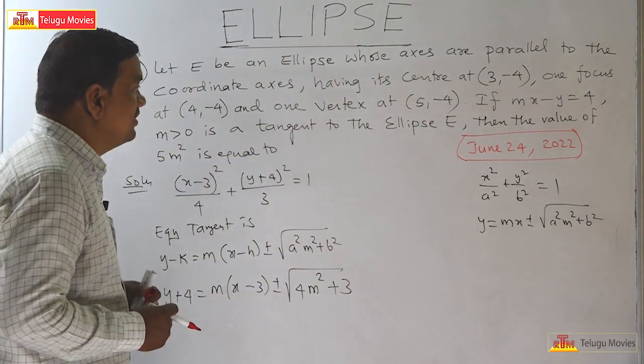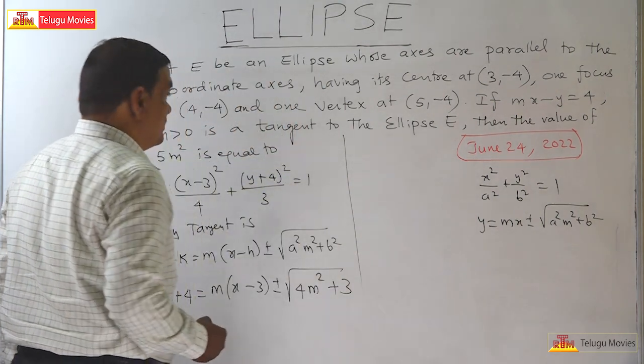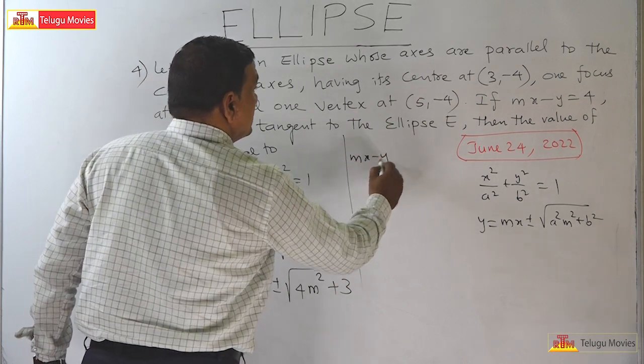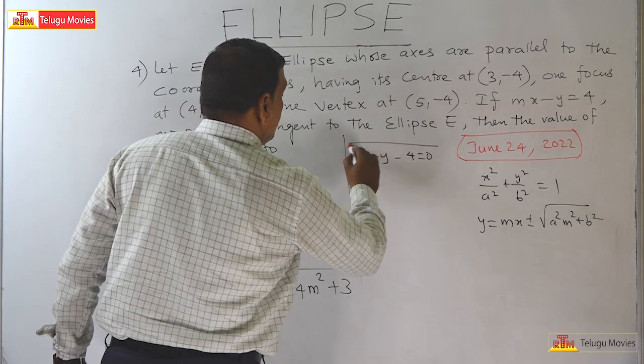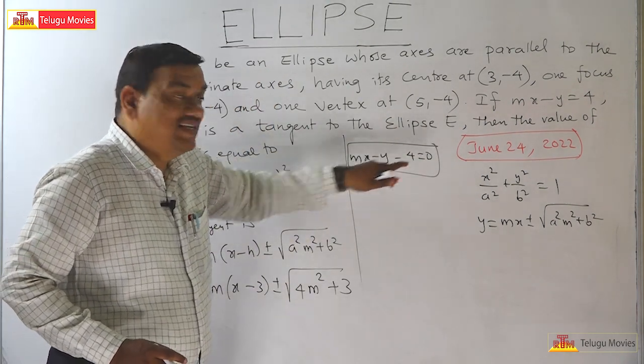Then how to compare? See here, the given equation of the tangent is this. Put it like this: mx minus y minus 4 is equal to 0. I put it in the general form ax plus by plus c is equal to 0.